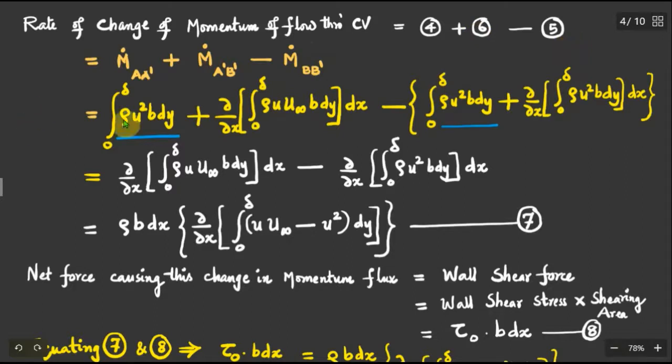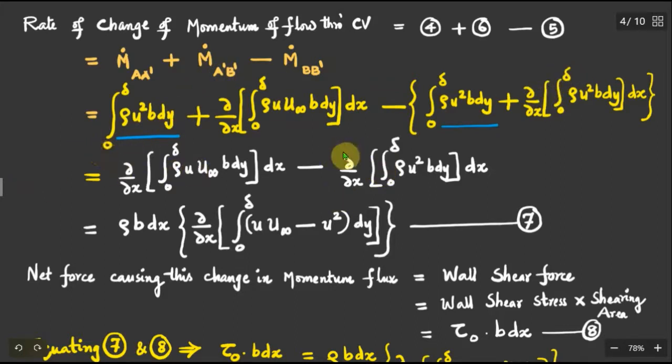Just substitute the expressions we obtained earlier. We have M dot A dash plus M dot A dash B dash, the momentum flux in, minus the momentum flux out of the control volume, M dot B B dash. When you subtract, the integral 0 to delta rho u square b dy has a plus and a minus, so you can cancel them out.